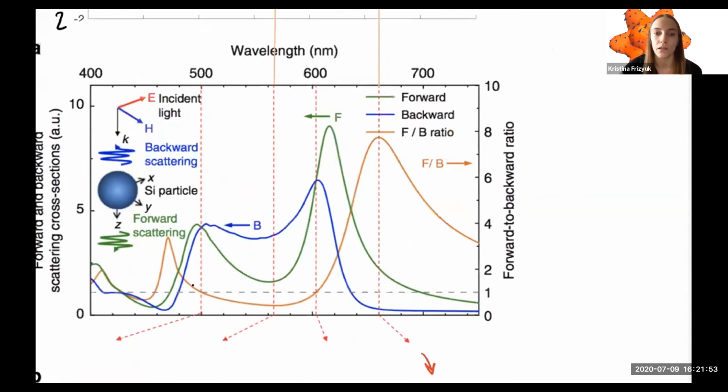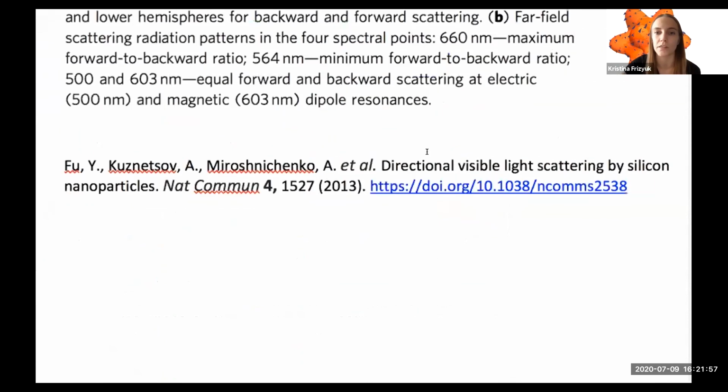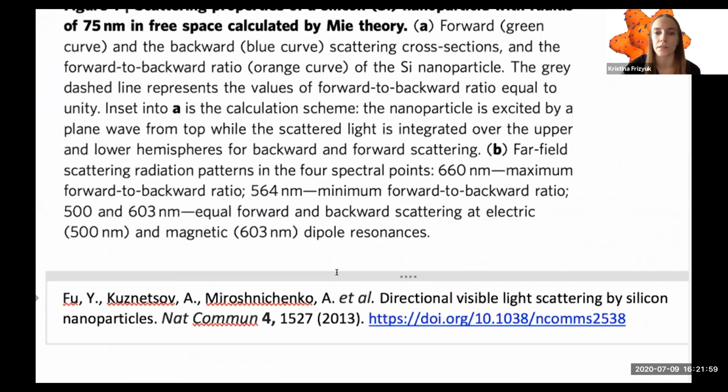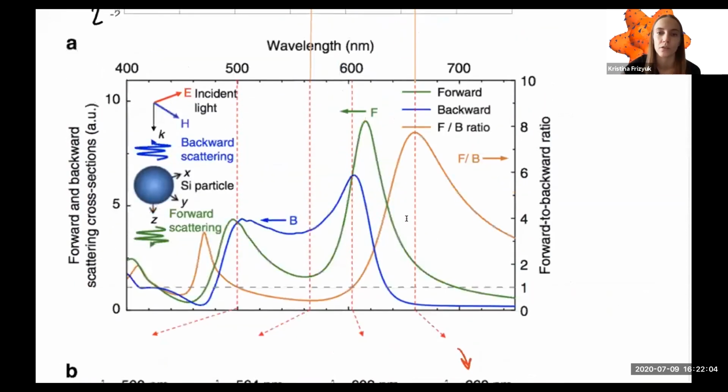Okay, and this is from this paper. You can see the link in the PDF file. And here you also have the forward to backward ratio. And you see that forward scattering is on the right side of the magnetic resonance, and backward scattering is between the magnetic and electric resonances.